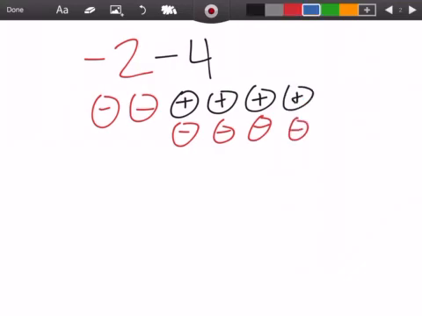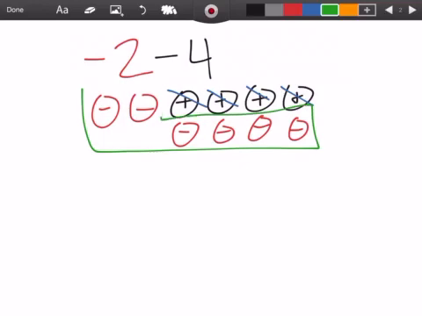Now I can take away 4 positives, 1, 2, 3, 4, and what I'm left with are all these negatives right here, which is equal to negative 6. Now let's see if adding the opposite would have given us the same answer. If we had changed this to adding the opposite, which is a negative 4, is negative 2 plus negative 4 equal to negative 6? Yes, it is.